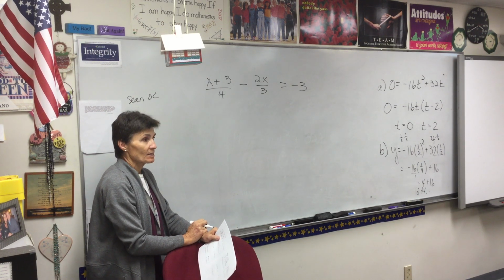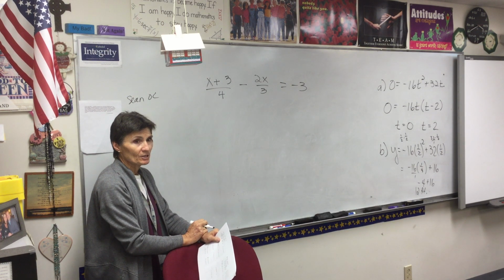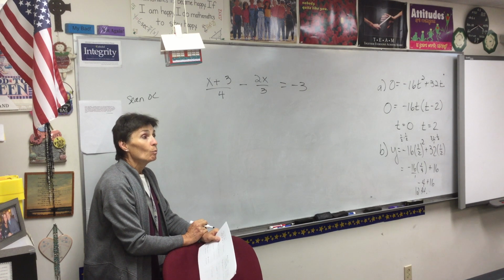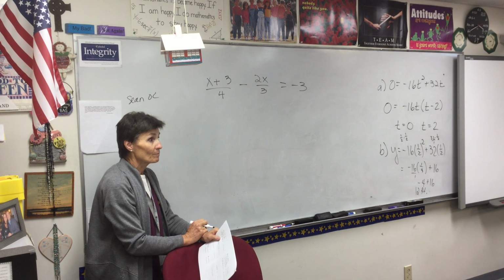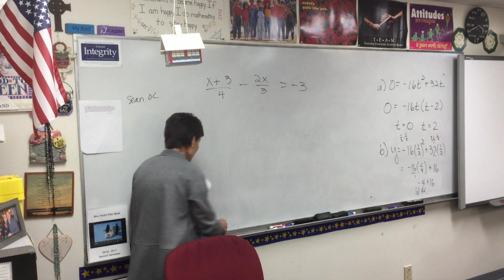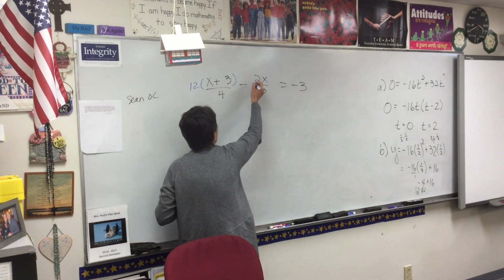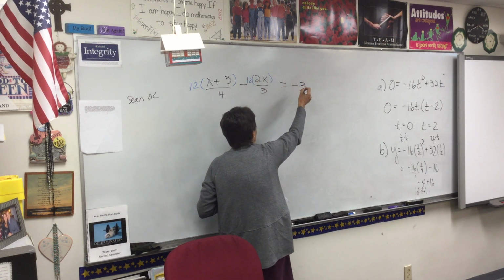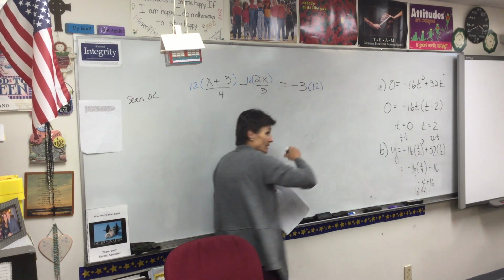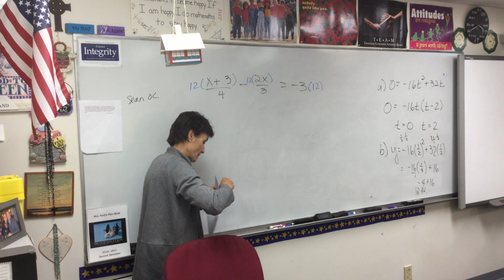We're just solving this equation. Does anybody remember what to do? What's the common denominator? 12. So we're going to take 12 and multiply it times everything. Did you find it, Jacob? Yeah. Good.